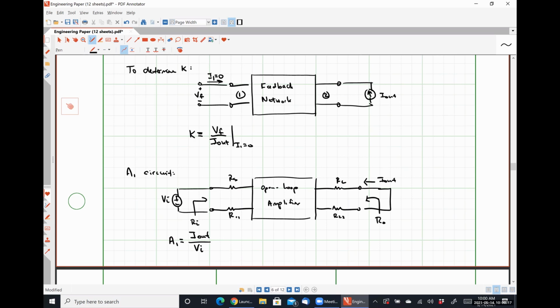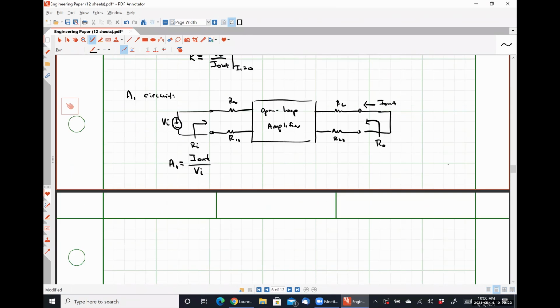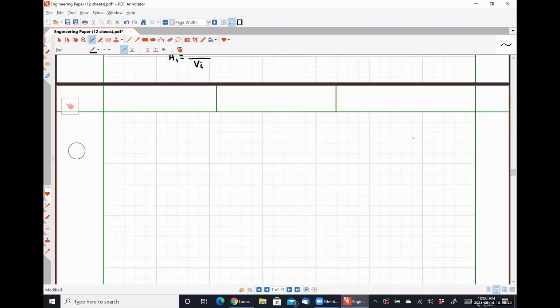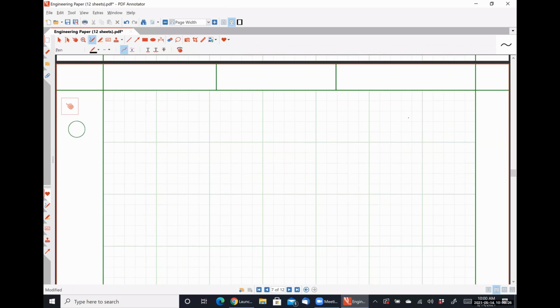Once we know R11, R22, K, and A1, then we can easily determine our gain with feedback and our input resistance with feedback, output resistance with feedback, etc. So just to be super clear, from here, we can say that the gain with feedback is the open loop gain over the amount of feedback.